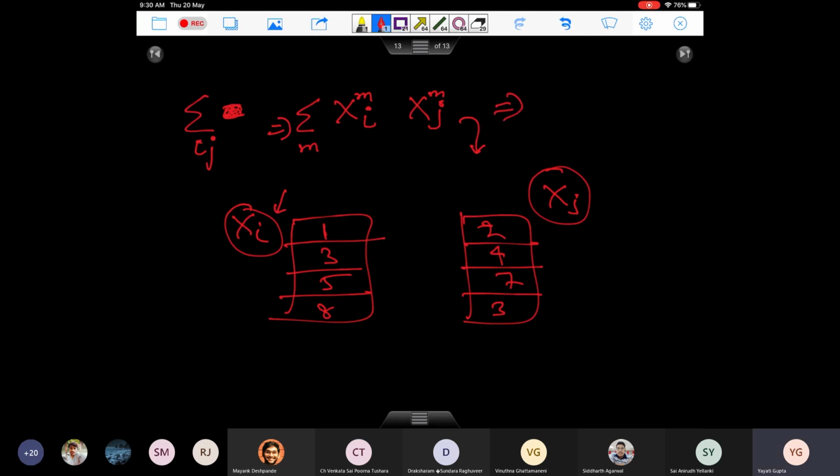Each individual cell in your matrix, this sigma ij, is telling you that 1 into 2 plus 3 into 4 plus 5 into 7 plus. So basically, you're taking the sum of element-wise multiplications.